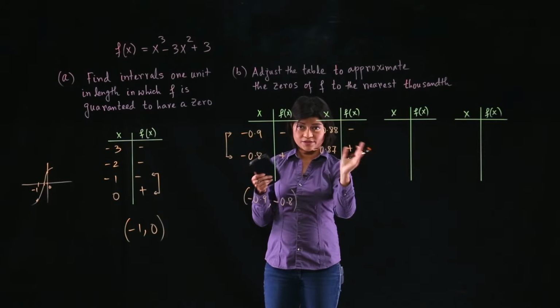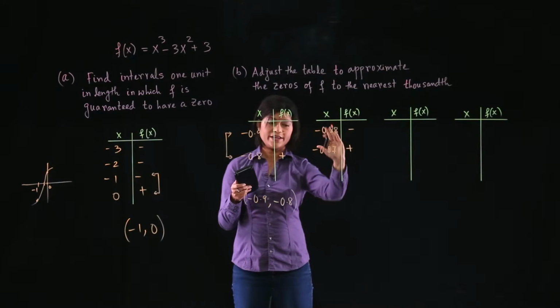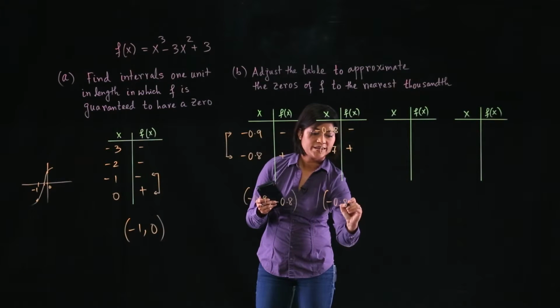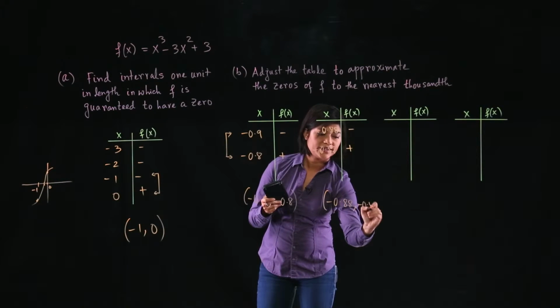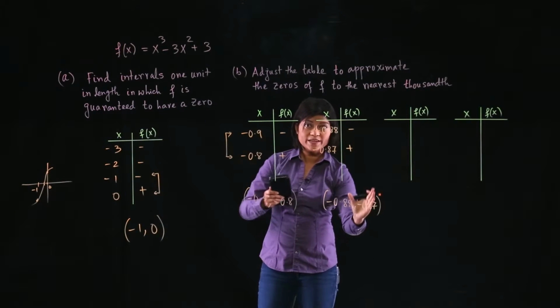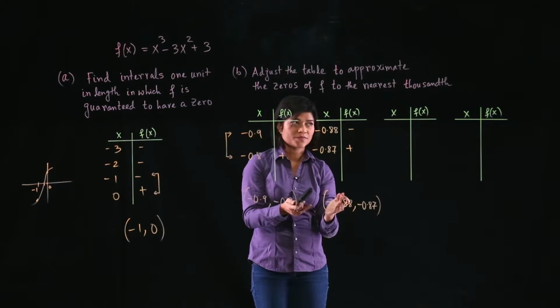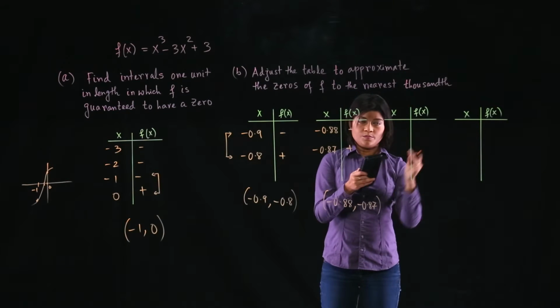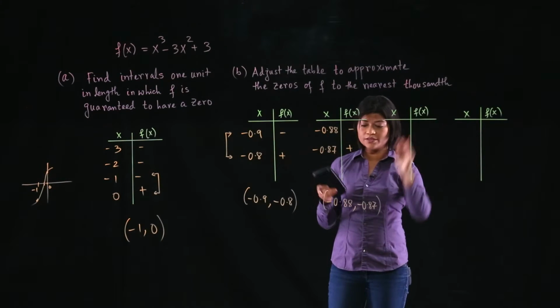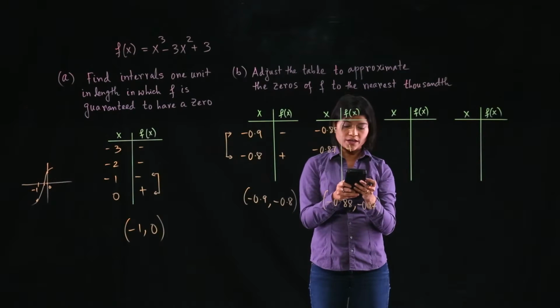Again, using the intermediate value theorem, our interval is between negative 0.88 and negative 0.87. So the 0 lies inside this interval. So we're making the interval smaller every time. Okay, let's try again. Remember, we have to find the nearest thousandth, so we have to do at least one more time.